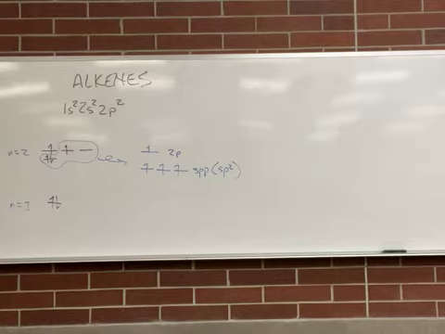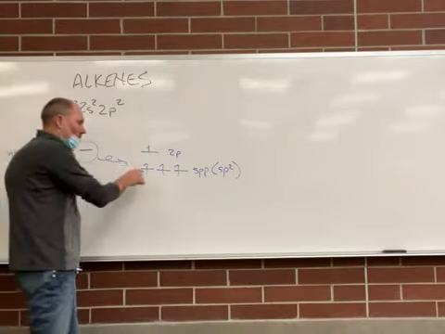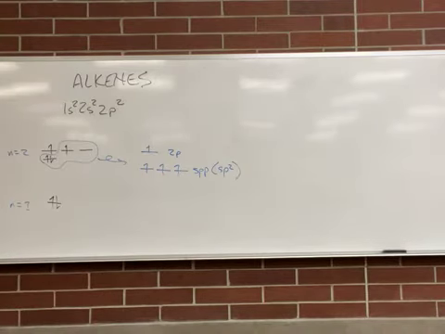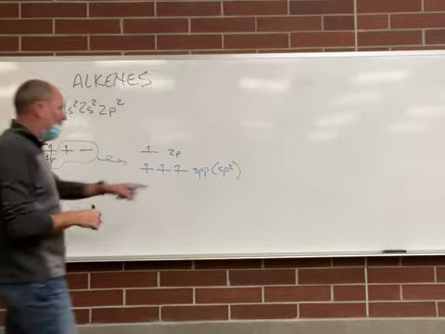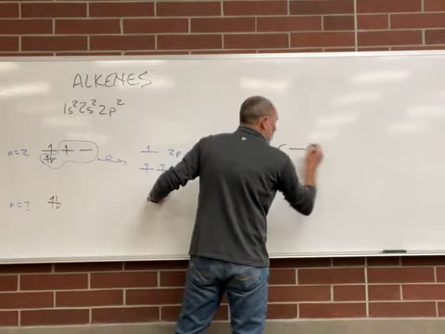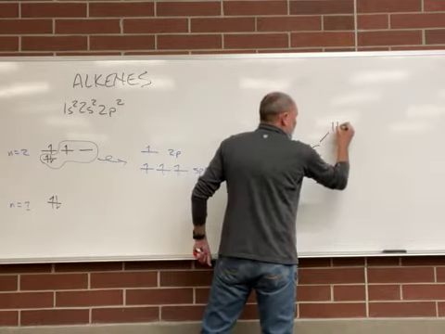So carbon says, I'm going to make 3 single bonds: 1, 2, 3. What would the geometry of 3 be? Trigonal planar. So carbon says, I'll take a carbon with another carbon, and I'll put a hydrogen up here and a hydrogen up here, a hydrogen up here and a hydrogen up here.